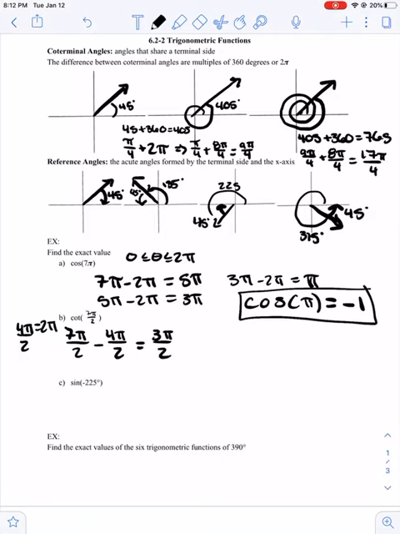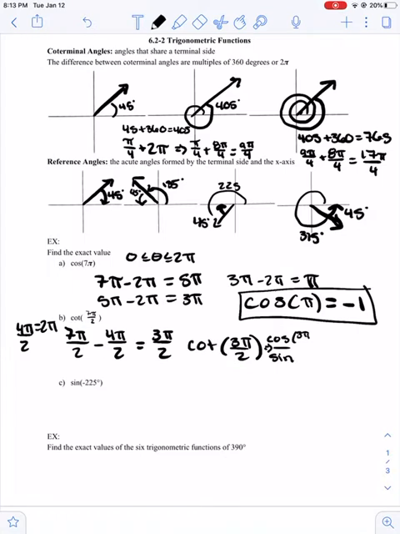This is less than 2 pi, but it's still bigger than 0. So this is on our unit circle. So we're going to look for the cotangent of 3 pi over 2. And then we can remember that cotangent is cosine over sine.